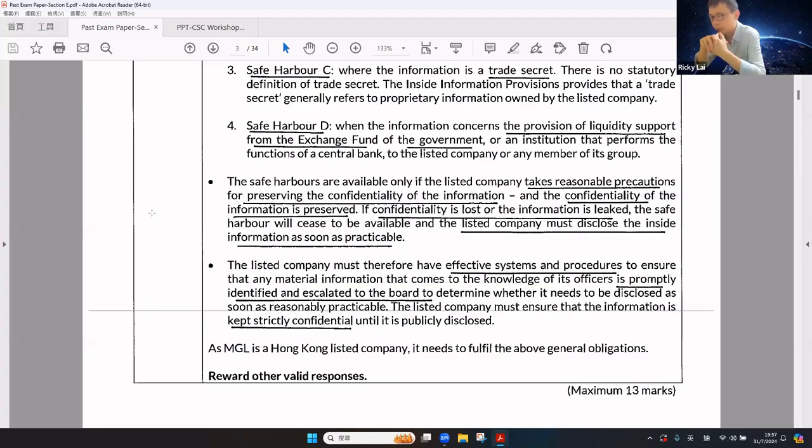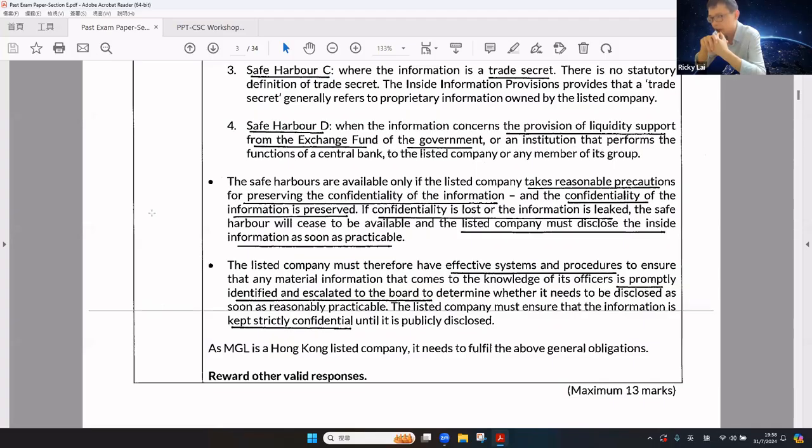As a result, the company must have effective systems and procedures to ensure that any material information that comes to the knowledge of its officers is promptly identified and escalated to the board to determine whether this needs to be disclosed as soon as reasonably practicable. Therefore, the listed company must ensure that information is kept strictly confidential until this is publicly disclosed.